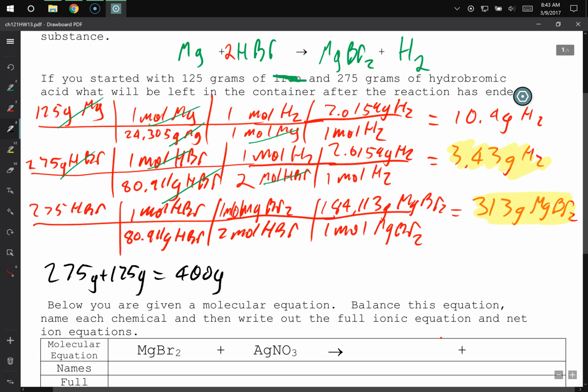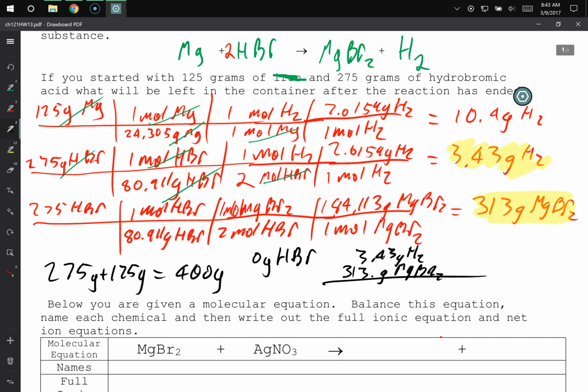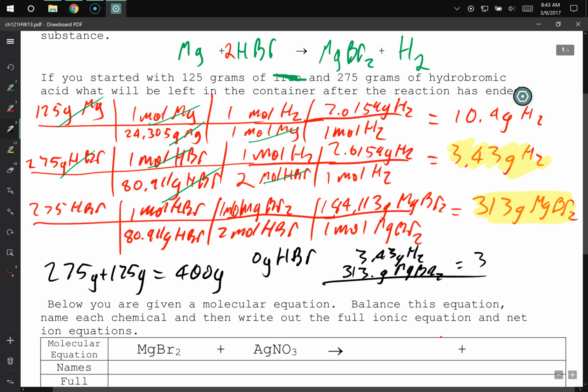So I have to still have 400 grams. And what I know is I have 0 grams of HBr. I know I've got 3.43 grams of hydrogen, and I've got 313 grams of MgBr2. So 313 plus 3.43, and this is 316 grams of product.